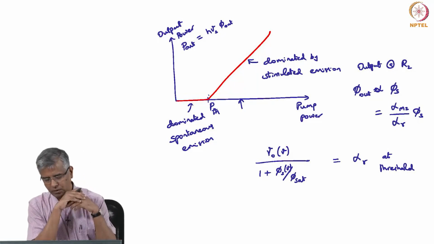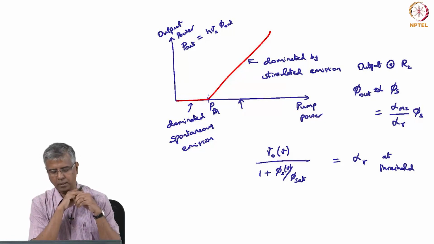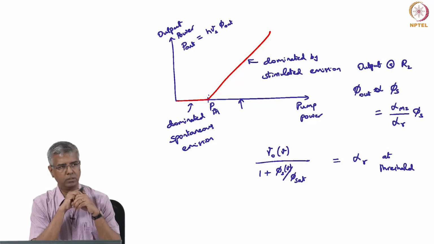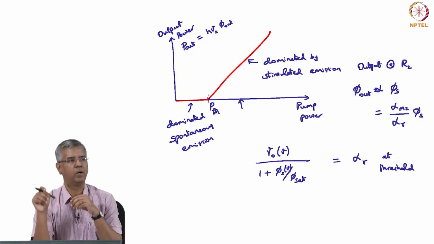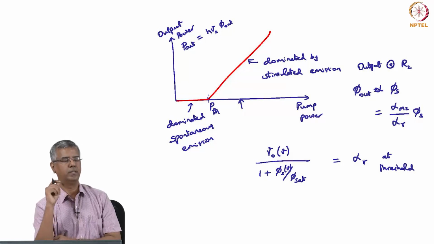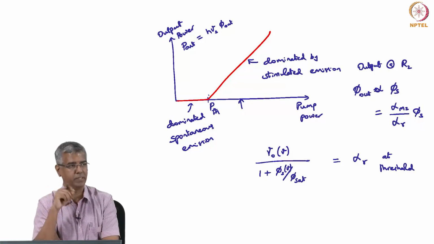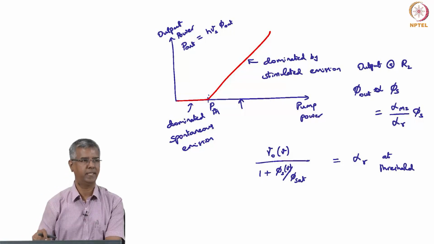So, when we talk about phi out, that is the signal photon flux that is coming out of the laser. It is actually a fraction of the signal photon flux that is present within the cavity. That signal photon flux is what we are tracking as phi s here, right.